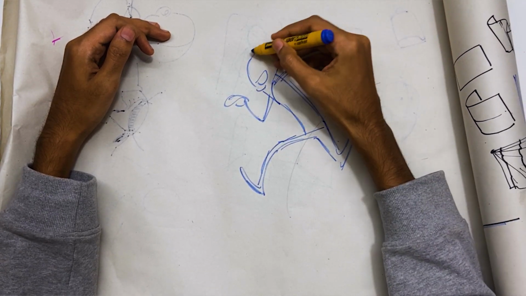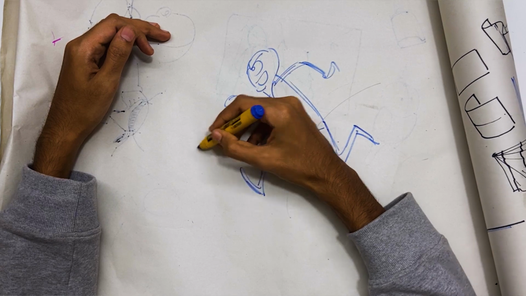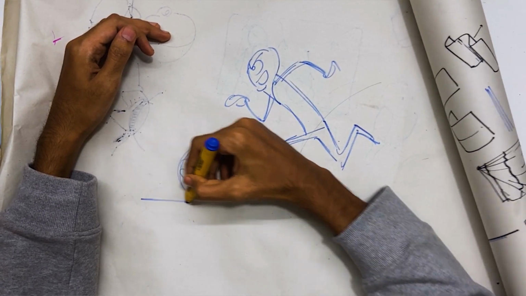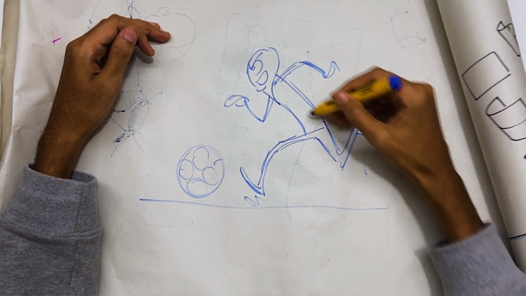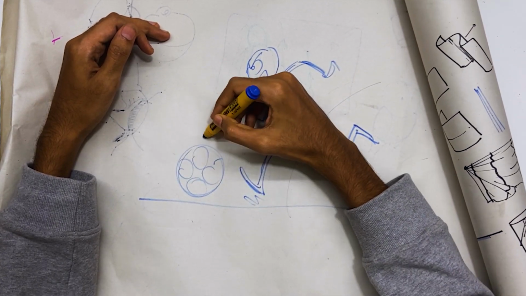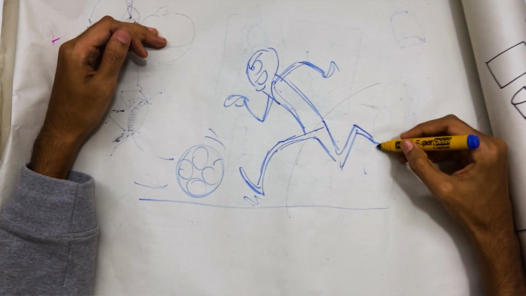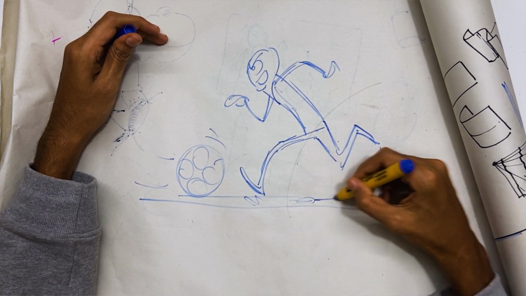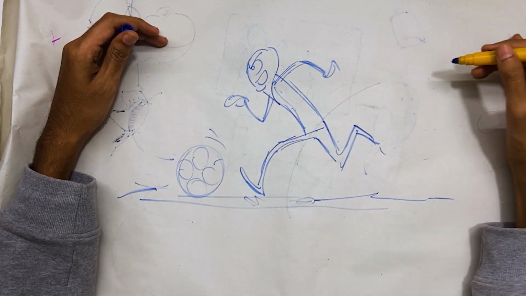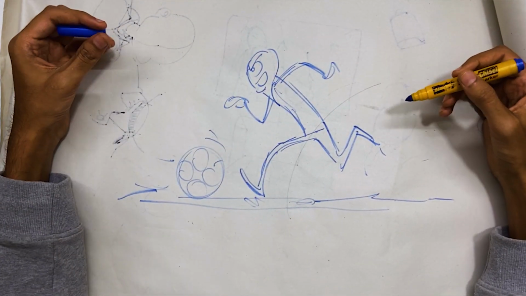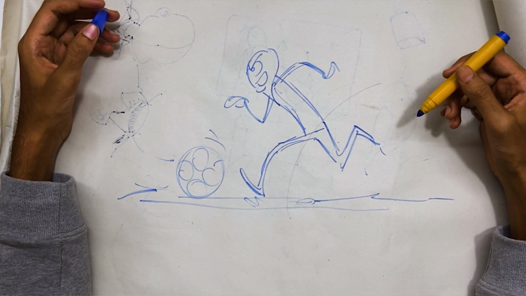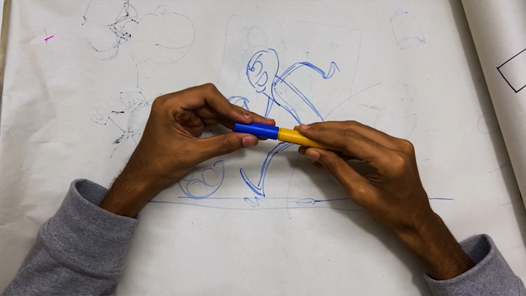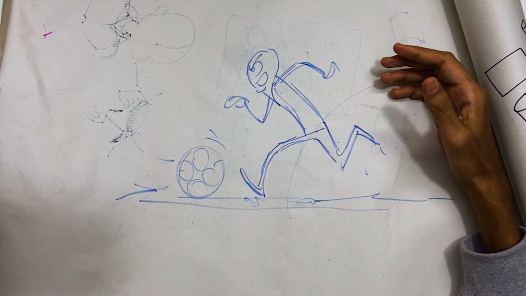ठीक है? Oh, so you can see what is happening, right? This guy is running with a ball at his feet. I like to play football. So, you can see how dirty this drawing is. But the point is, it's giving you the essence of the pose.